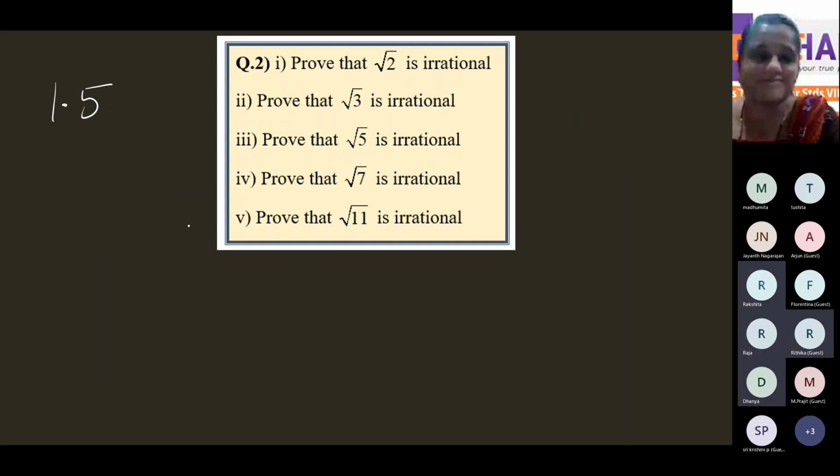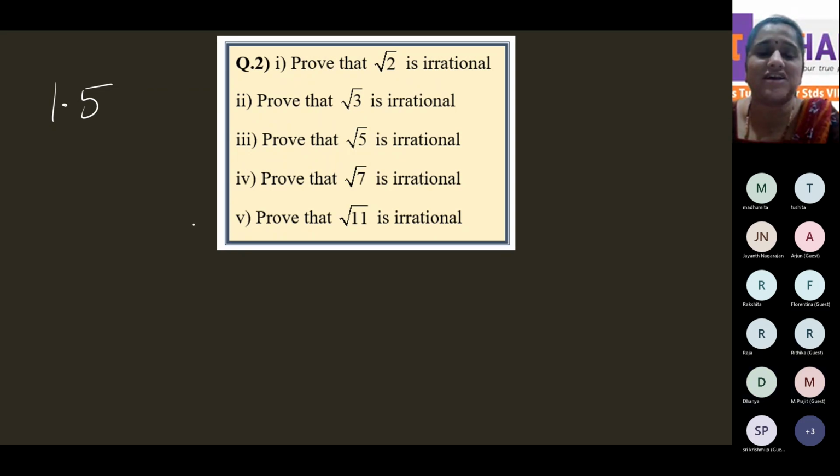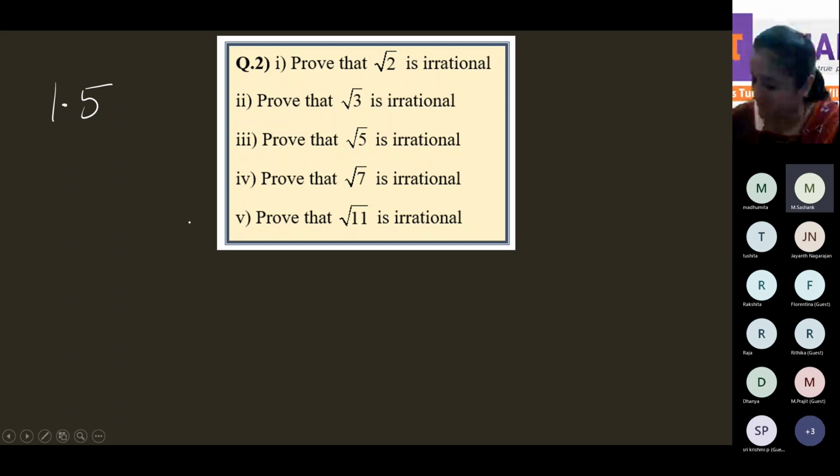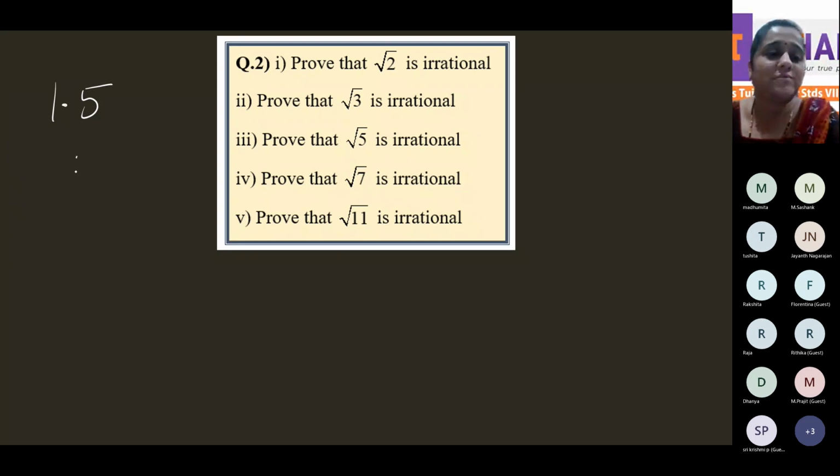Is this a rational number? Yes, ma'am. It can be expressed as 15 by 10. Why is it rational? Because it's a terminating decimal. Very good. Who was that? Sashank, is it? Very good. 1.5 is a terminating decimal. And somebody else said it's 15 by 10.